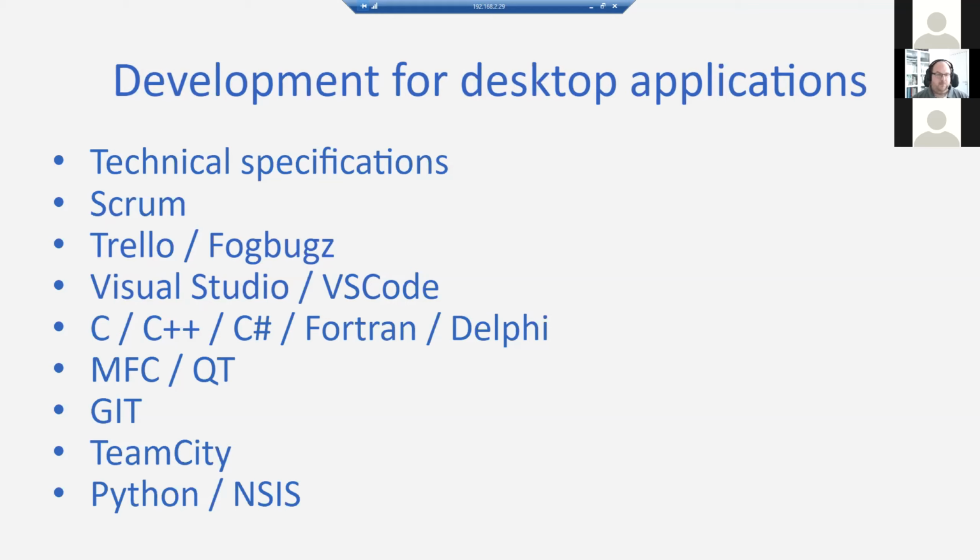That's an automatic process that we don't have to do manually. After we make a big change in the source code, we just say, do a rebuild. And if we need something in between, maybe we do some install scripting, and that's mostly Python or NSIS. So this gives a little bit of a picture of what we do on a daily basis in terms of desktop applications.